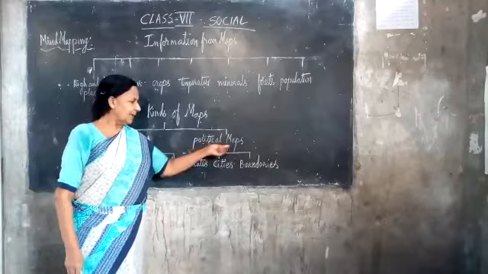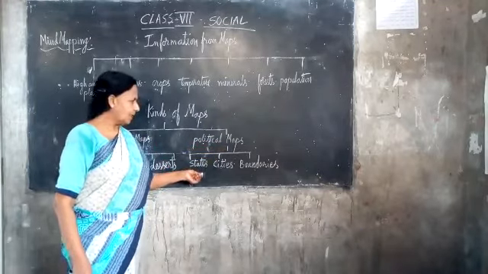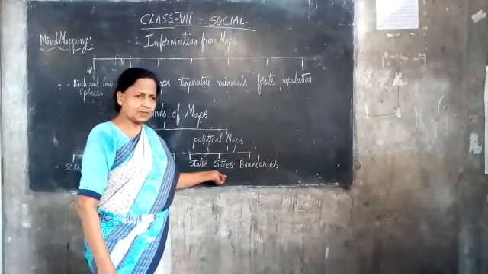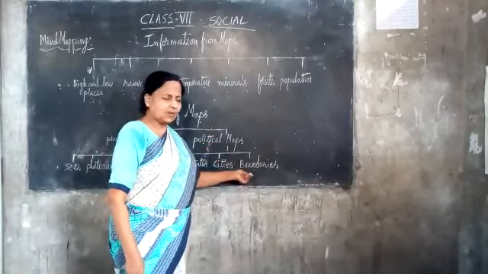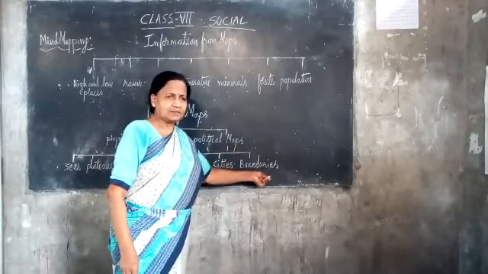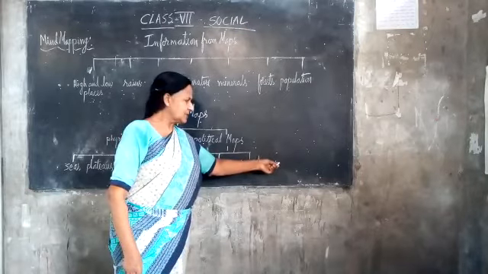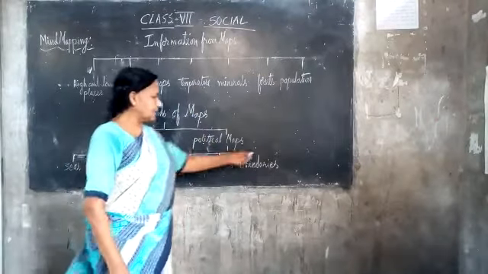So political maps inform us how many states there are in a particular country, how many cities there are, and what the boundary line is, the limitation of land which belongs to a particular country and a particular city.